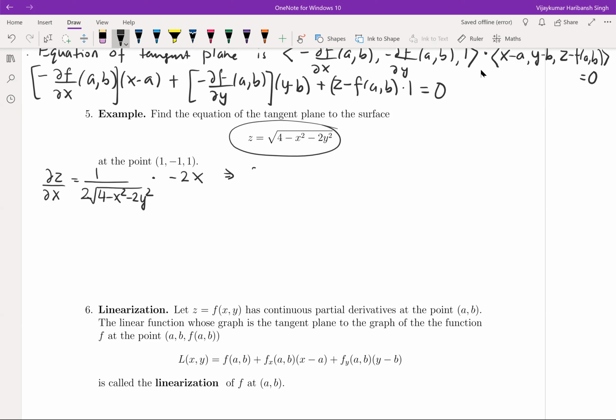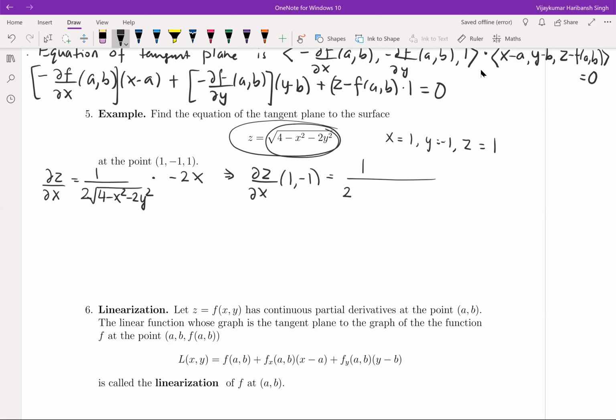So this implies partial derivative at 1 minus 1 is going to be 1 upon 2 square root of 4 minus x square minus y square. It's already computed here. It turns out to be 1, right? This is equal to, when x equals to 1, y equals to minus 1, then z equals to 1, right?